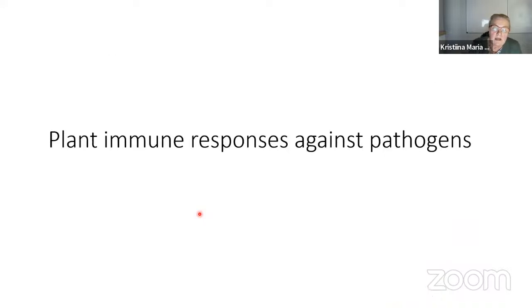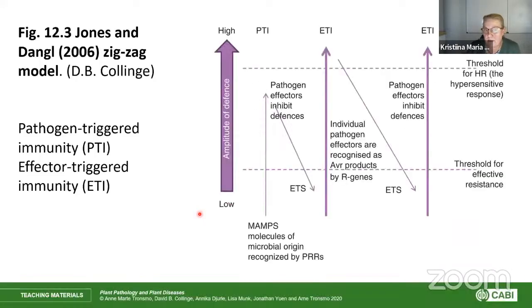If you look at the plant immune responses against pathogens, we have the so-called zigzag model that has been known for years, and it really starts from the pathogen-triggered immunity, which takes place at the plasma membrane, where there are plasma membrane pathogen recognition receptors, which perceive molecules derived from bacteria and fungi.